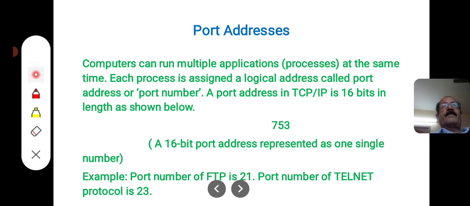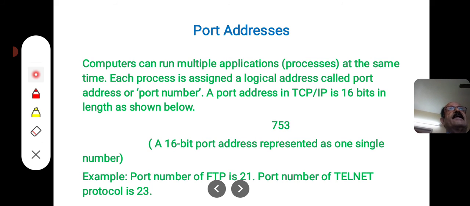Port addresses. In the process of transmission, node to node, system to system transmission is not enough. Actually, the message has to start from the application running on one computer and reach the similar application running on the other system.